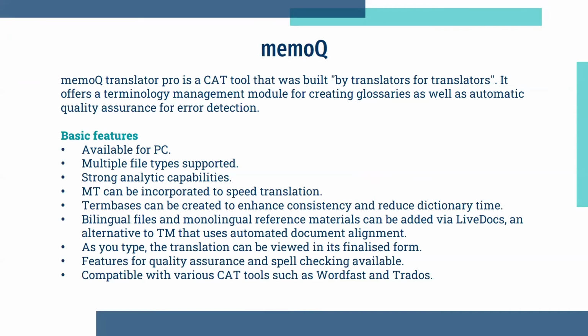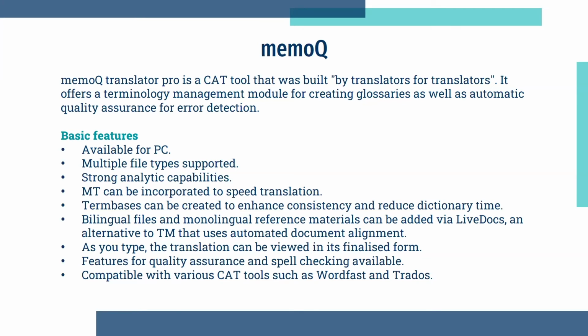It is available for personal computers and supports multiple file types. Also, it has a strong ability to analyze files. We can also incorporate machine translation engines to speed up our translation.